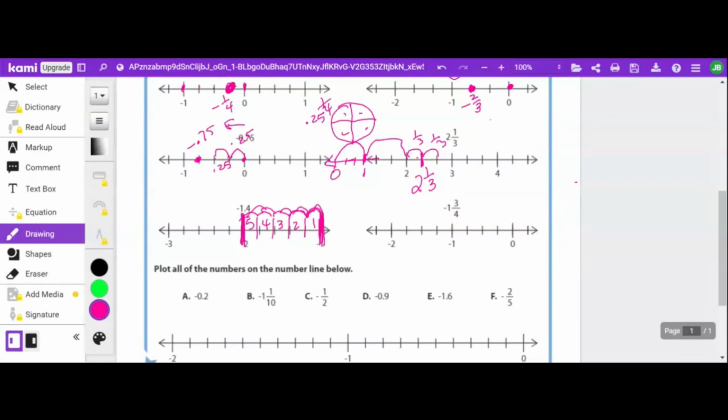What would be the fraction part for each chunk? If we have 5 chunks, we've taken one whole and we've divided into 5 chunks. Each chunk is how much in fraction form? Right. Each chunk is a fifth, or -1/5, since we're going in the negative direction. Well, what is 1/5 as a decimal?